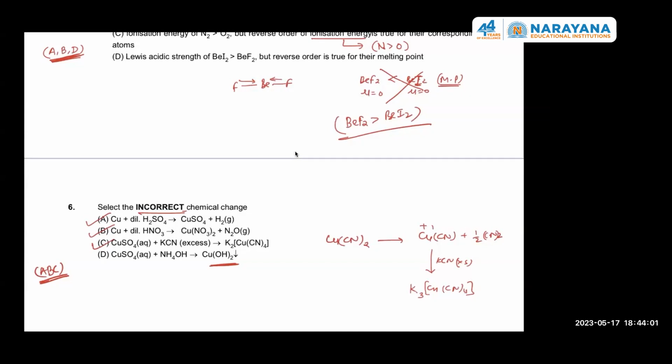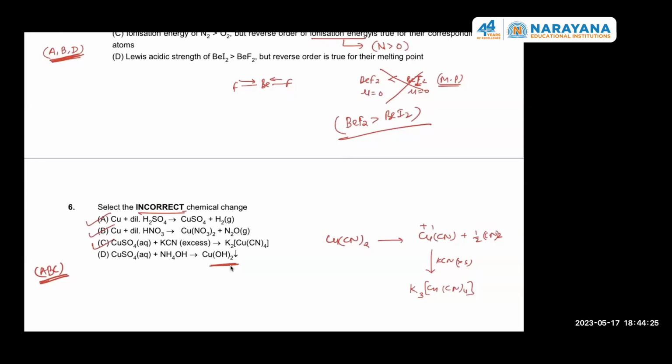I mean, JDL mentions Cu2O instead of Cu(OH)2. Cu2O means plus 1. Okay, no, wrong, CuO. See, I'll check once again. If we have an aqueous solution of CuSO4, first of all it should form copper hydroxide, no?